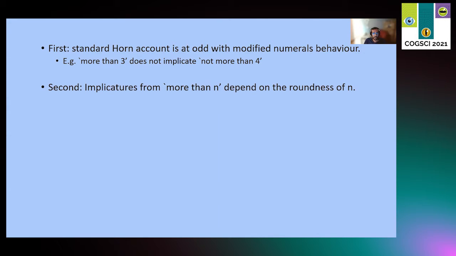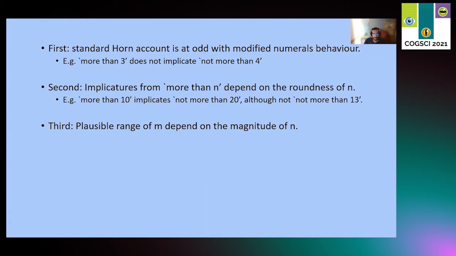Second, implicatures from more than n depend on the roundness of n. More than 10, for instance, seems to implicate not more than 20, but it doesn't seem to implicate not more than 13. Prima facie, we can think that the reason for this is the difference in roundness between 20 and 13. The third complication is that the plausible range of m seems to depend on the magnitude of n.